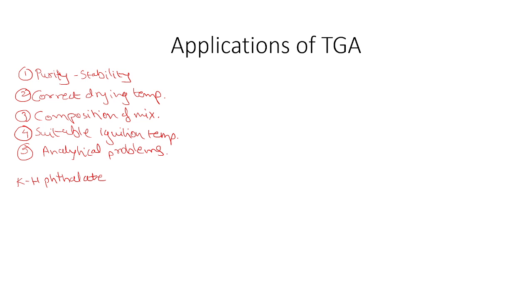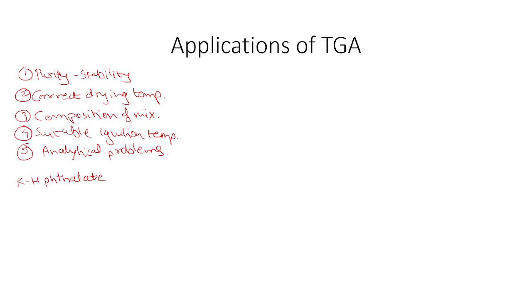So if dehydration of disodium EDTA starts at 100 to 125 degrees Celsius, then the salt can be safely heated to constant weight at 80 degrees Celsius. If you want to dry a particular sample, and if you know its correct drying temperature, then you can heat that substance below that drying temperature.